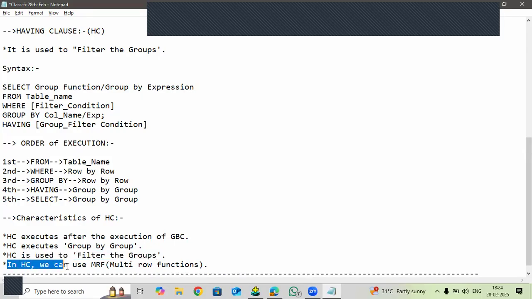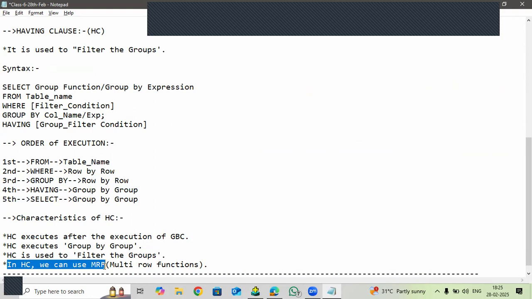In having clause, we can use multi-row functions: maximum, minimum, average, sum, count. We can use all those multi-row functions in having clause, but we cannot use them in where clause or group by clause. I'll repeat. Multi-row functions can only be used in select clause and having clause, not in where clause and group by clause.